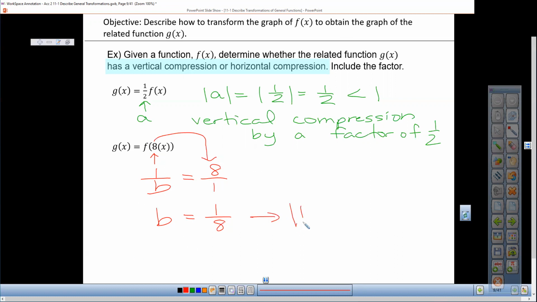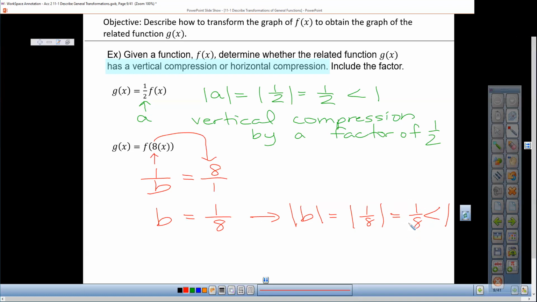So now we look at the absolute value of B, which is the absolute value of 1/8, which is 1/8. And that's what we compare to 1. Again, this is a proper fraction because the numerator is smaller. That makes this number smaller than 1. That's our number sense. And so again, we have a compression because our absolute value is smaller than 1.